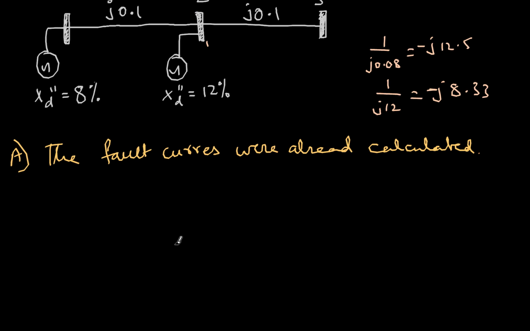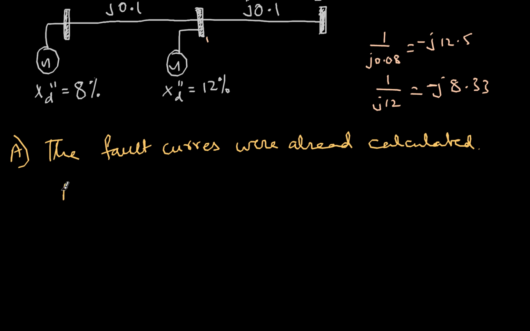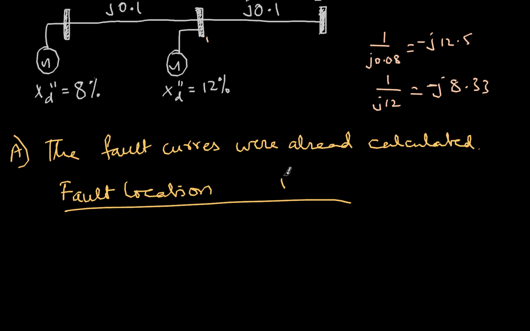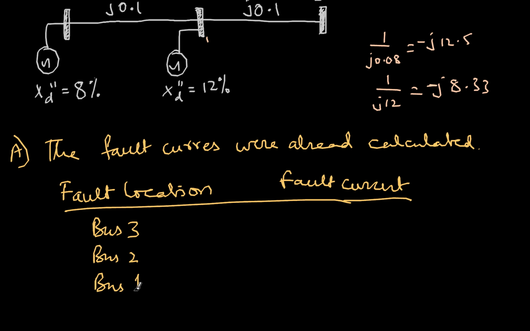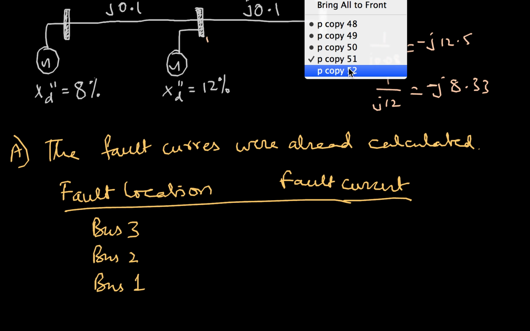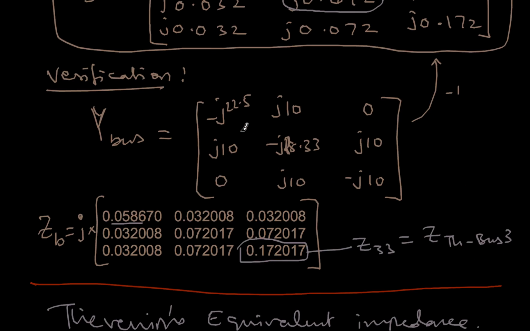So I'll write down the fault location, and as a result of the fault location, what is the fault current? Bus 3, bus 2, and bus 1. Let me refer to my previous solution.